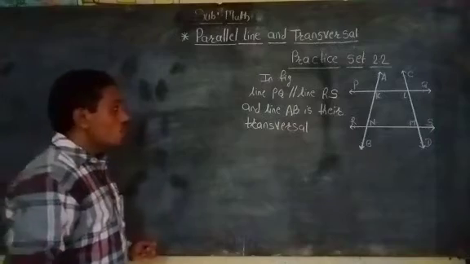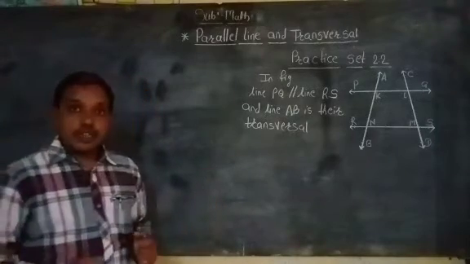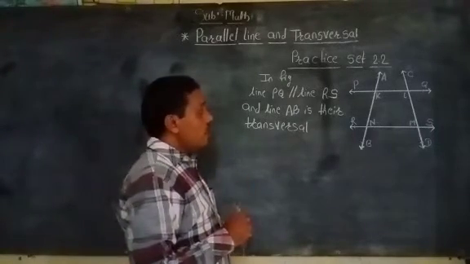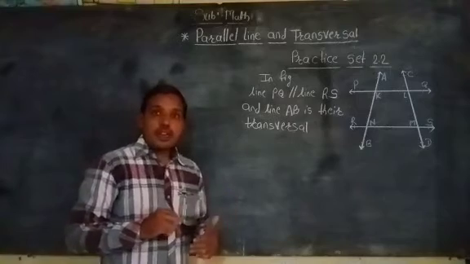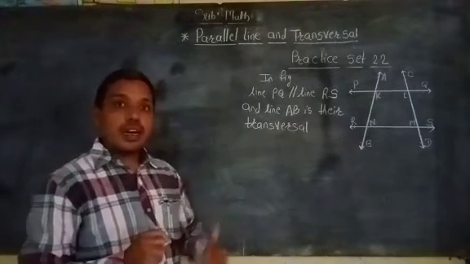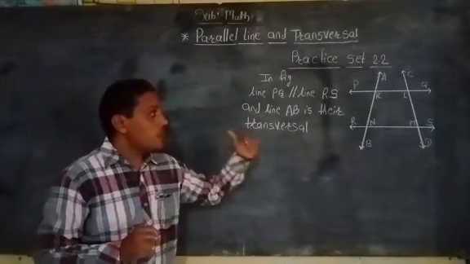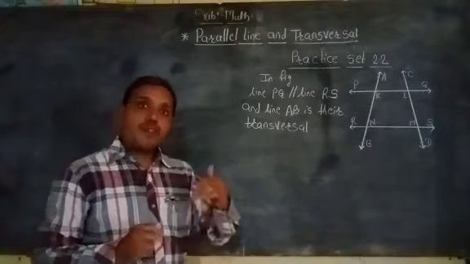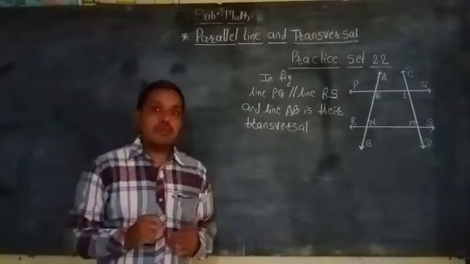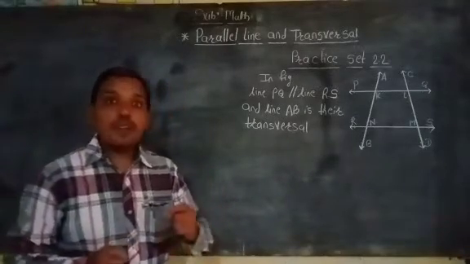So we know that when the transversal AB makes different pairs of angles on the parallel lines PQ and RS, we can find them, and after that we can find the value of x.